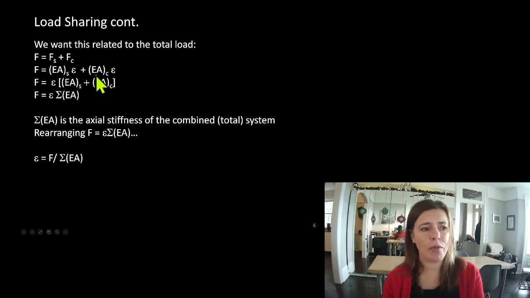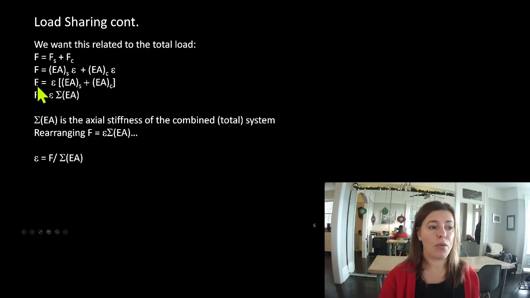If the strain's the same for both, let's just bring it outside of that equation. So the total force equals the strain times the sum of EA steel and EA concrete, or the sum of all of the relative stiffnesses. Remember, EA for each material is the relative stiffness of that material.